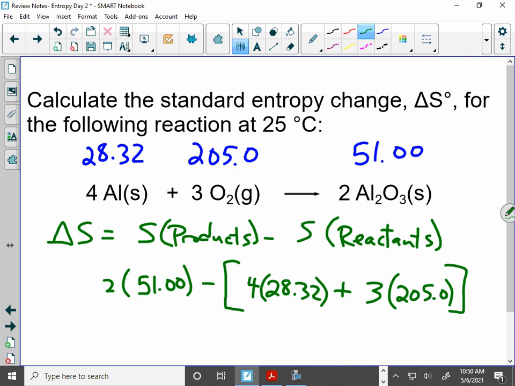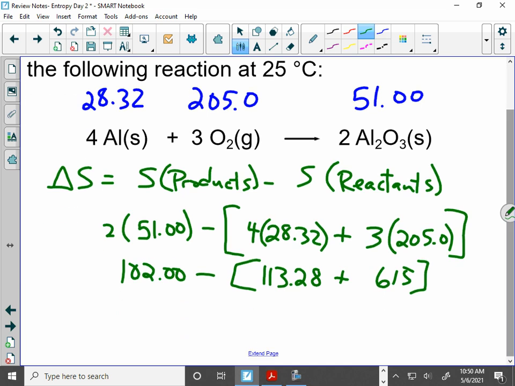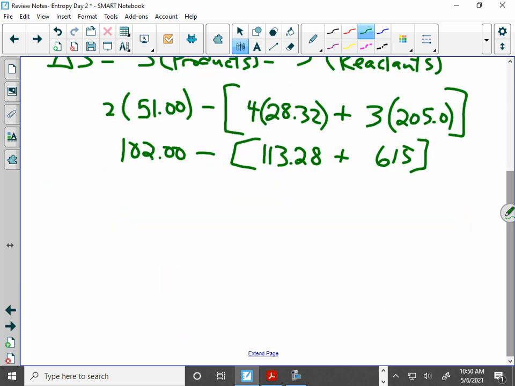So when I do my math, 51 times 2 is 102.00. I subtract from that 4 times 28.32, which is 113.28. And the oxygen is 3 times 205, so that gives me 615. When I add together my 113.28 and my 615, I get 728.28.